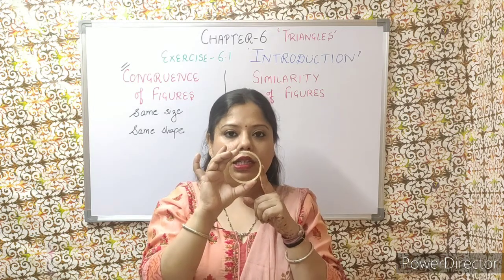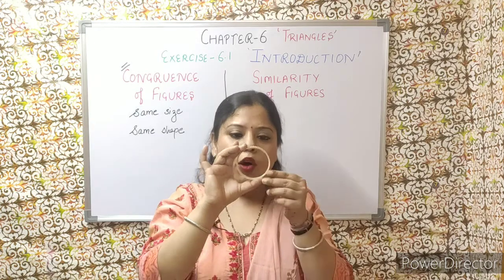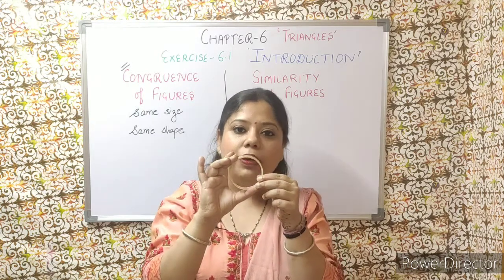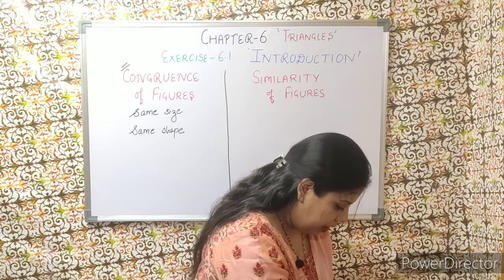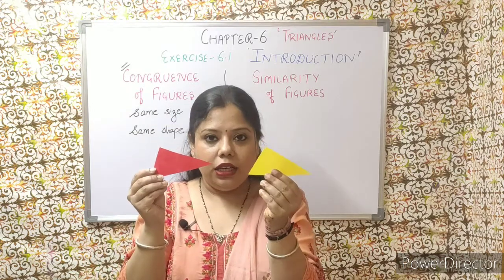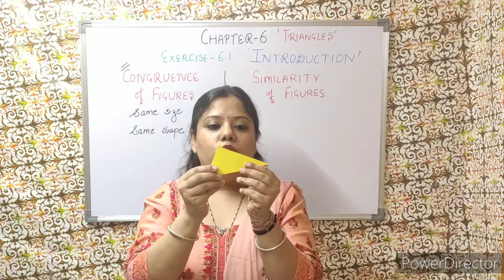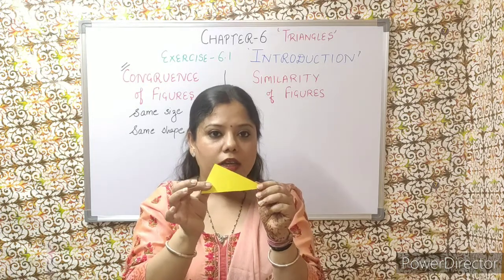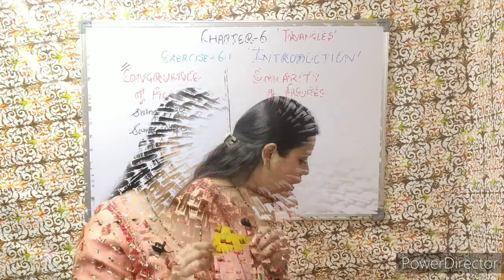Circles will be congruent when they have equal radii; only then can they overlap each other. Similarly, in the case of triangles, both are triangles, both can cover each other, so same shape, same size. So these two triangles are also congruent.